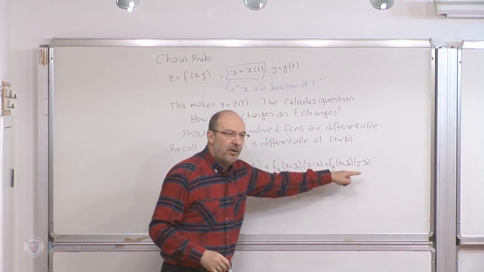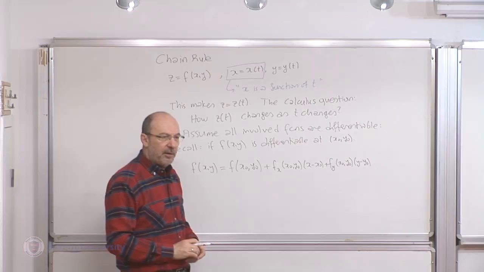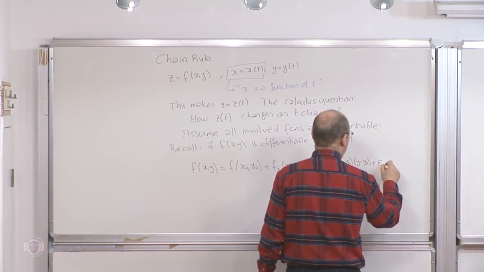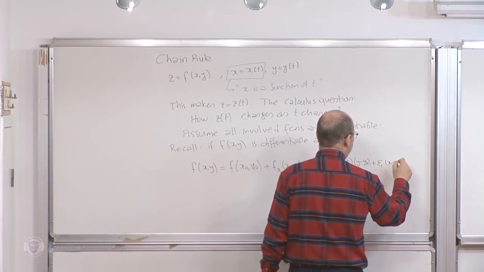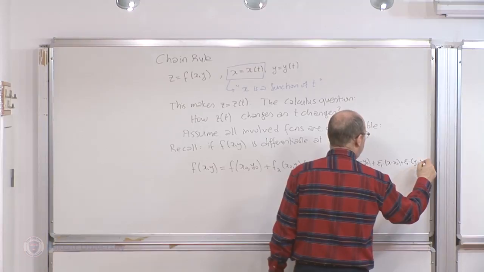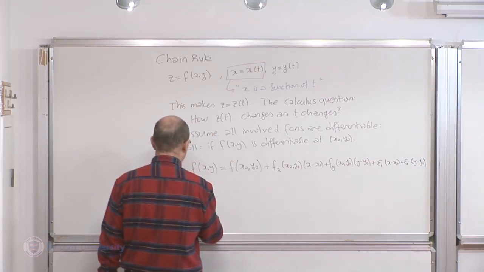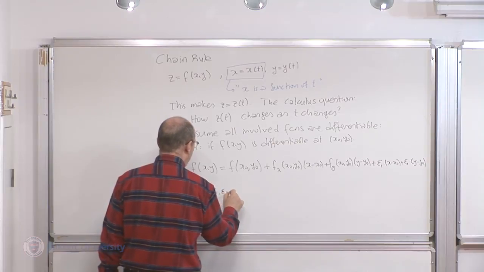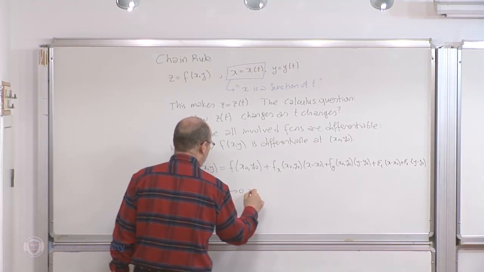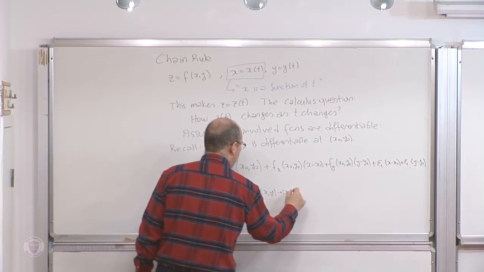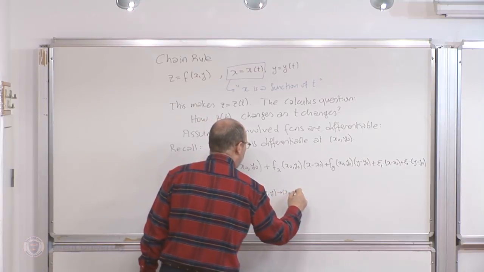This part, remember, is the tangent plane. And then you have an error term, epsilon 1 times x minus x sub 0 plus epsilon 2 times y minus y sub 0, where epsilon 1 and epsilon 2 are functions which go to 0 as this point goes to the center point.